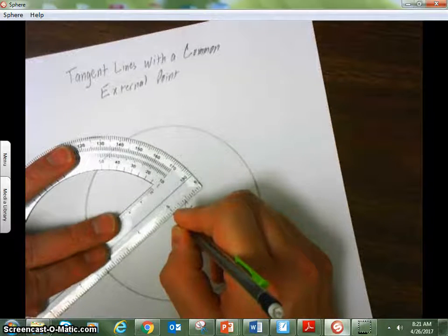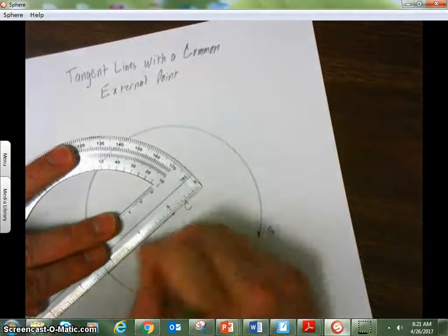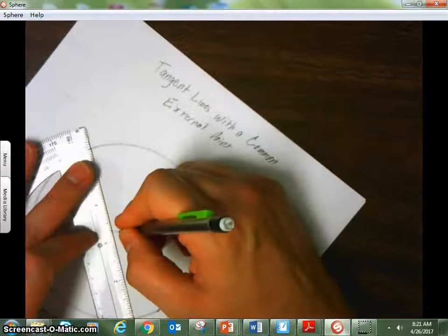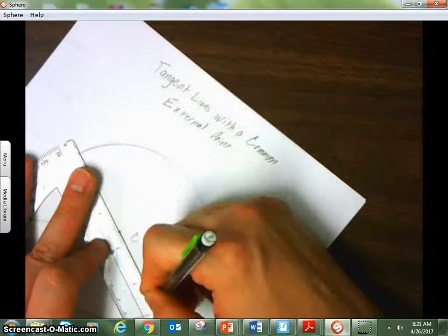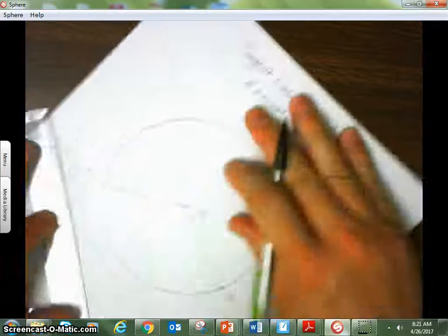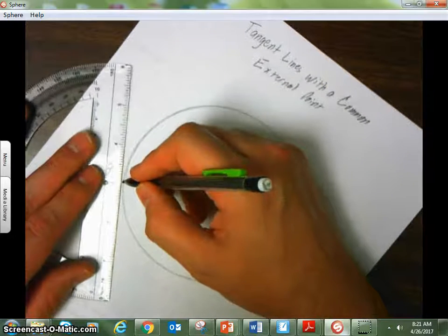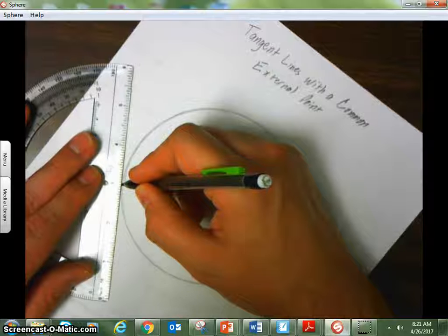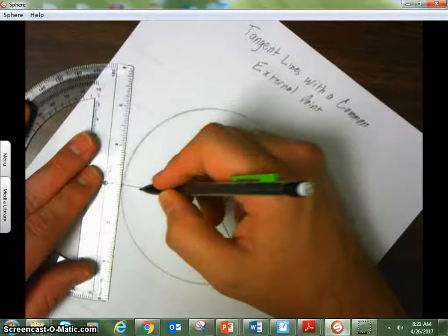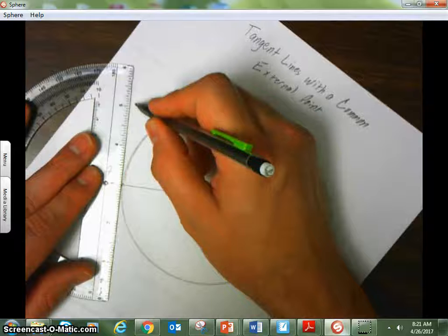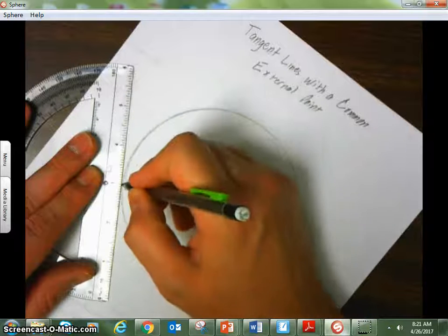Let's go ahead and draw in the radius from C to A and the radius from C to B. One of the properties of tangent lines is that they will be perpendicular to the radius. So I'm lining up the line on my protractor with the radius here, so I know that it's going to be perpendicular.